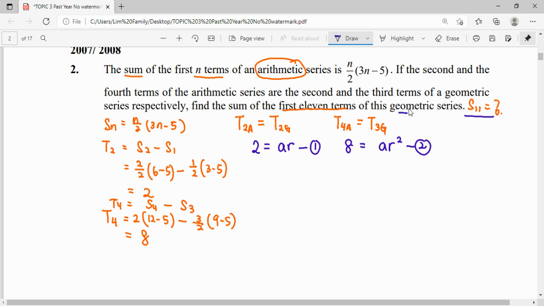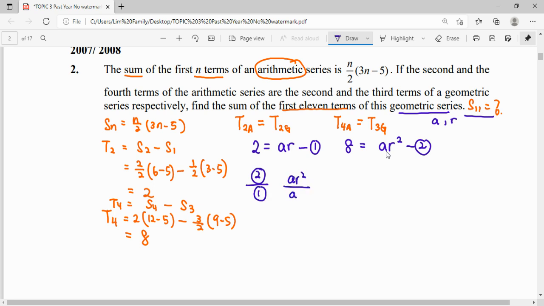From here in the geometric series, we need our A and R. That's why we have two simultaneous equations here. In order to solve simultaneous equations in a geometric series, we are going to do division so that we can eliminate one of the unknowns. So we will take equation 2 divided by equation 1.